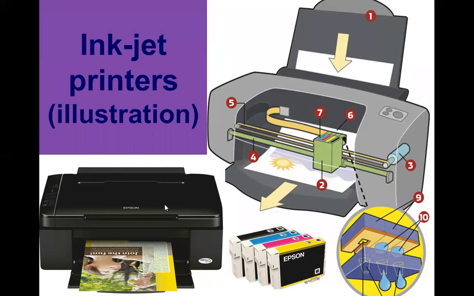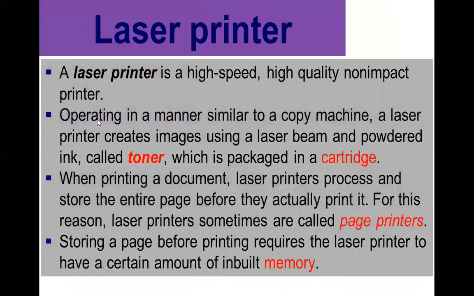Now, another type under the non-impact, we have what we call the laser jet or the laser printer. This is a high-speed, high-quality, non-impact printer, operating in a manner similar to a copier machine.